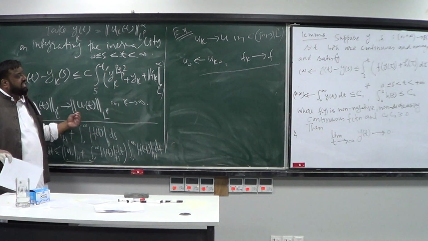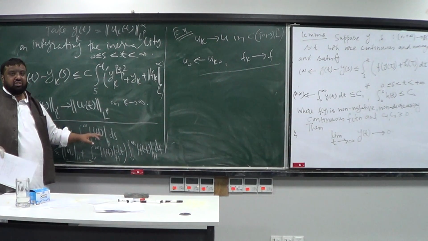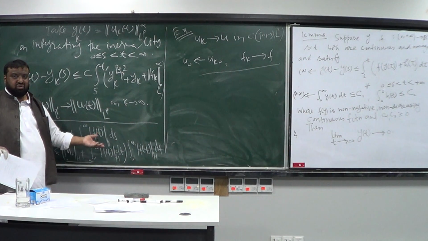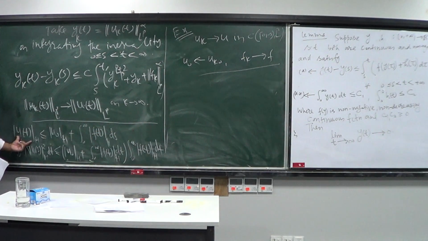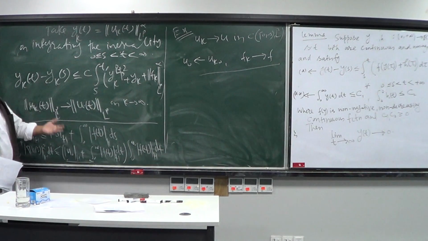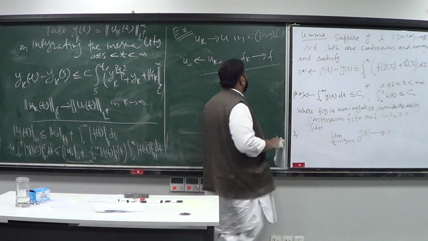And f_k minus f and u naught minus u_k naught in the suitable sense go to 0 as k goes to infinity. So if this side goes to 0, then the square of the integral would also go to 0. So in other words, I just give you a rough sketch. You need to just make it rigorous.